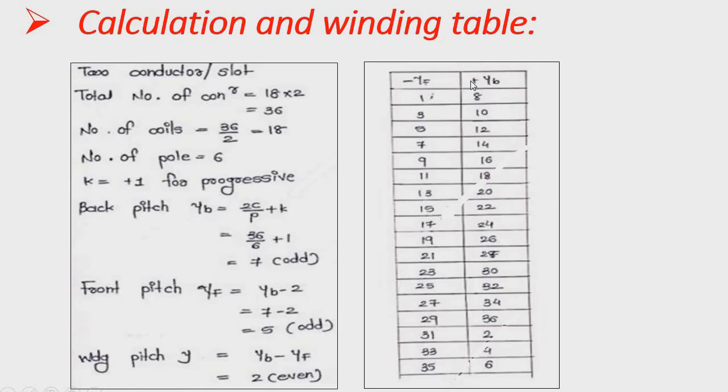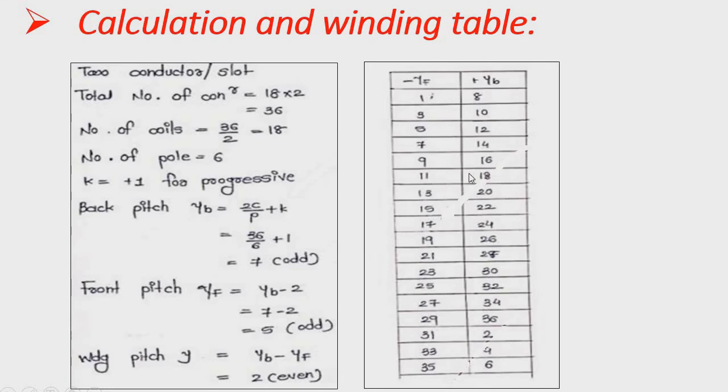So 1 plus YB is 7, so 1 plus 7 is 8. Now YF, but it is minus, so 8 minus YF means 5, so 8 minus 5 is 3, plus 7 is 10, minus 5 is 5, plus 7 is 12, minus 5 is 7, plus 7 is 14.